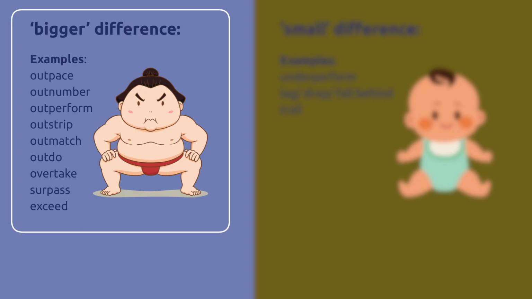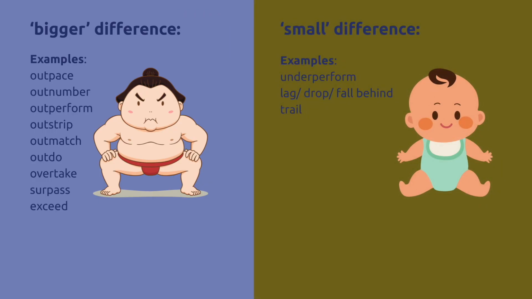So as you can see, most of them have the prefix out. There are a few more to add to this list: overtake, surpass, and exceed. Now, the good news is you can just learn this set of verbs, and that will give you all of the vocabulary that you need to describe this structure.